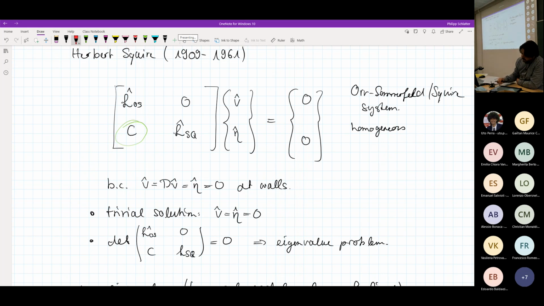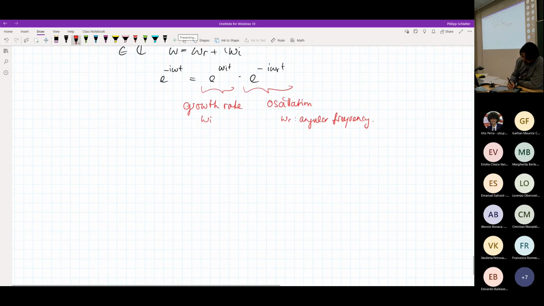Well, so the whole principle is that once I know the base flow, the base flow UB is known, so that may be the channel, the parabola for a channel, or that may be the Blasius solution for a boundary layer, or maybe something more complicated, for a wing flow with a pressure gradient.